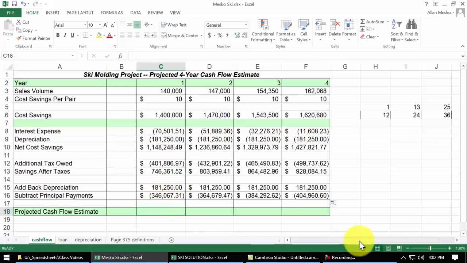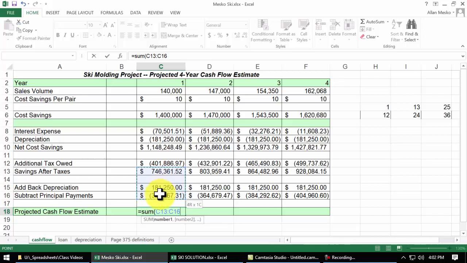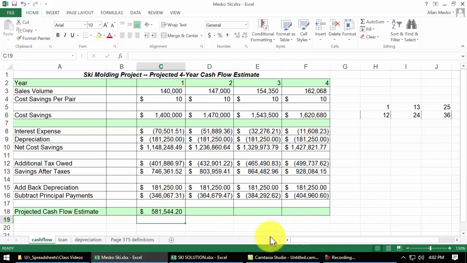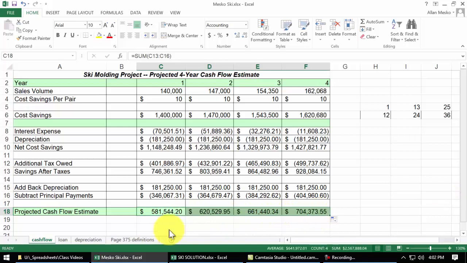So we're basically going to sum those three things: the savings, the depreciation that we're not actually spending cash for, and we are spending the principal payments on the loan. And so there is our projected cash flow estimate, and we drag that across to complete the table.